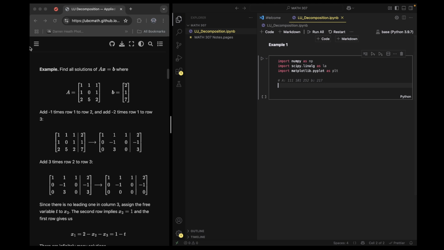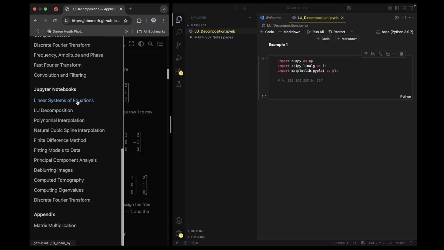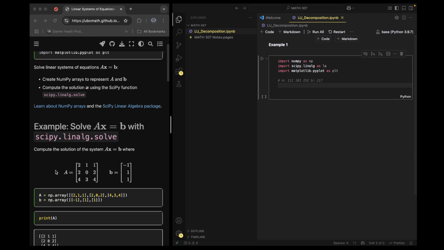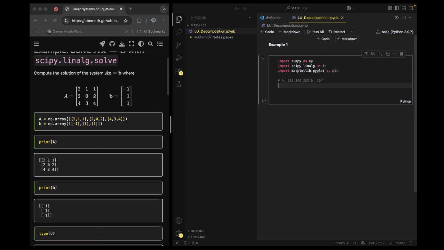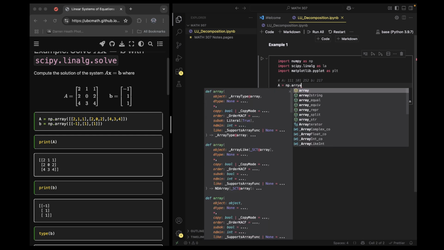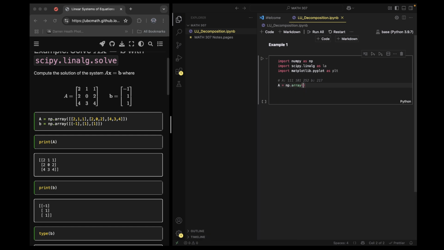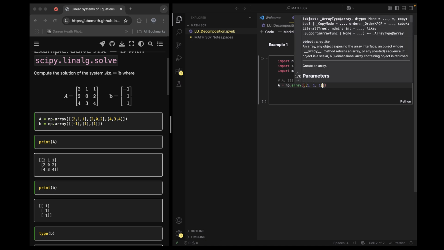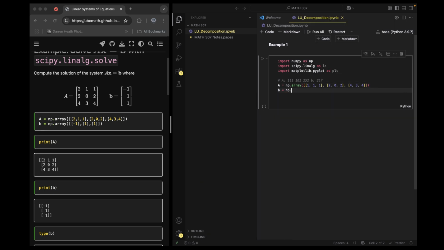Okay, so if we go here, A equals np dot array. One one one, no, 2 0 2, 4 3 4. P equals np dot array.